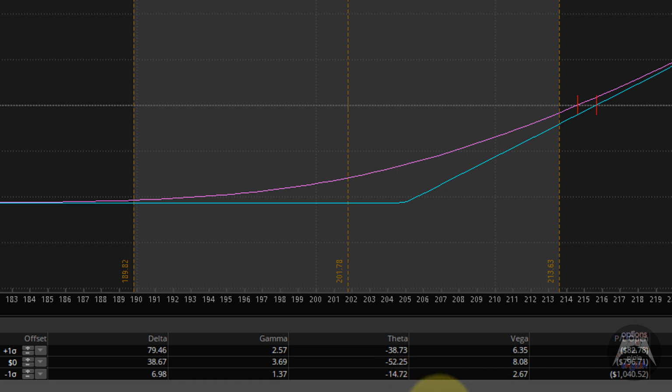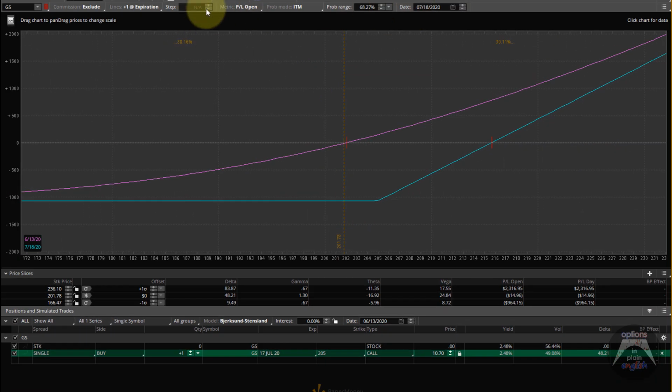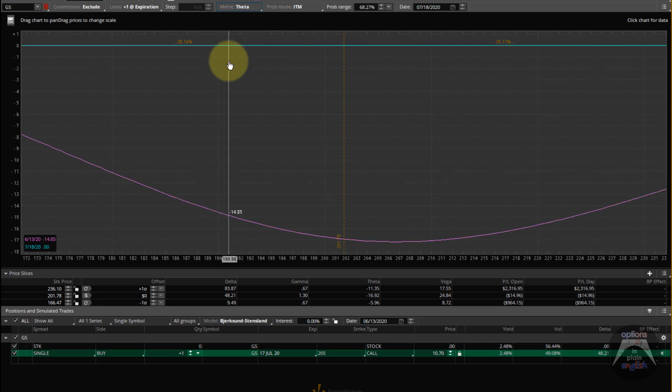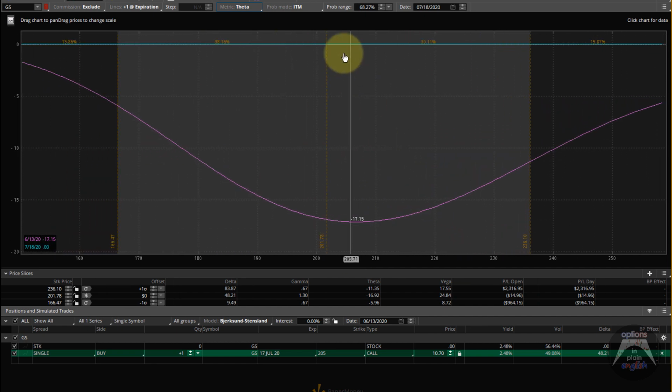And actually, this platform allows you to plot the actual value of theta. Theta is negative, of course, and you can see the basic shape of theta right at the money. We have the 205 as the at the money, but the price right now is at 201.